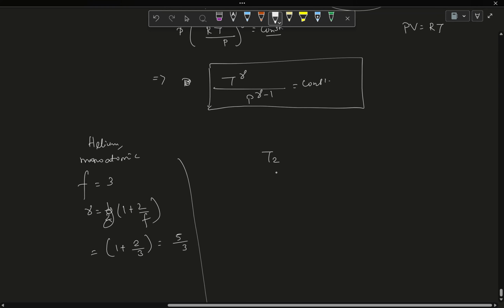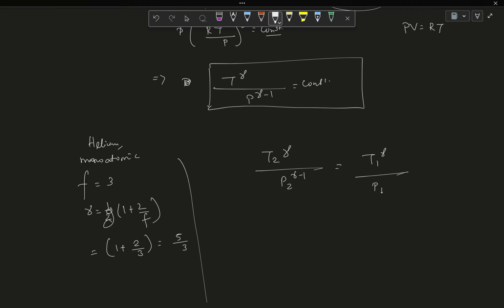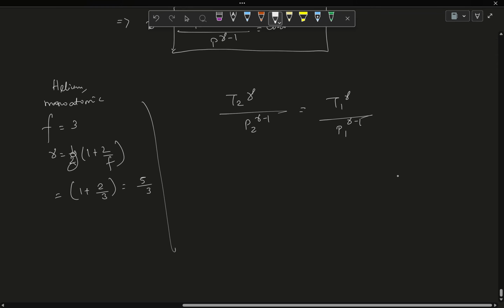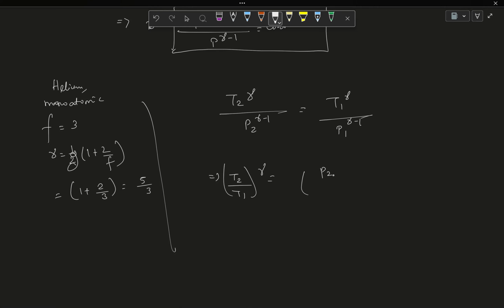So T2 to the power gamma by P2 to the power gamma minus 1 equal to T1 to the power gamma by P1 to the power gamma minus 1. So you have T2 by T1 to the power gamma equal to P2 by P1 to the power gamma minus 1. Simplified, T2 is equal to T1 times P2 by P1 to the power gamma minus 1 by gamma.